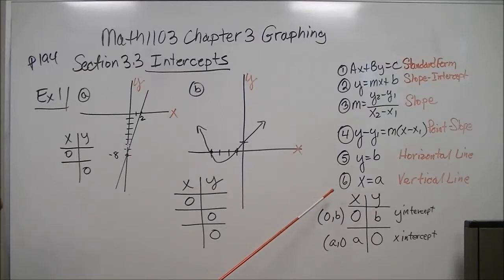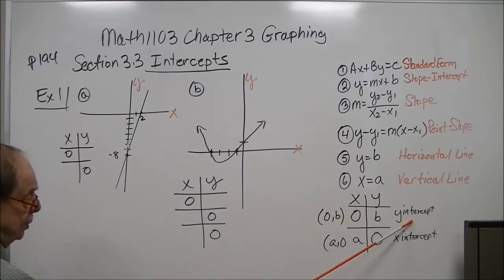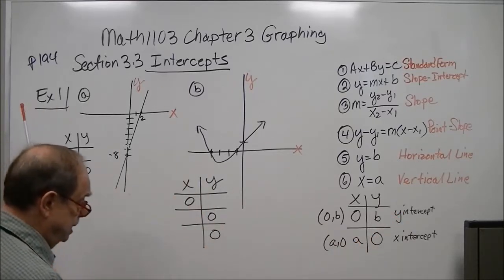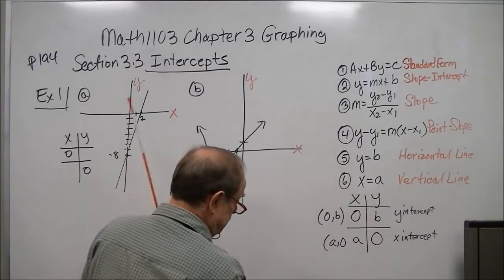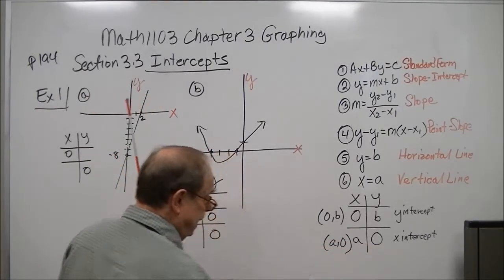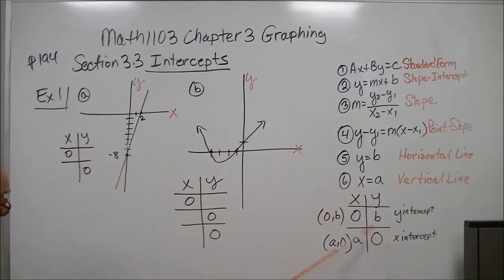In fact, I'm going to put up my special T-chart over here, which I'm calling the X and Y intercept T-chart, where if you have a 0 there, this is in the form 0, comma B, that would be your y-intercept. If you have A, comma 0, that is your x-intercept.